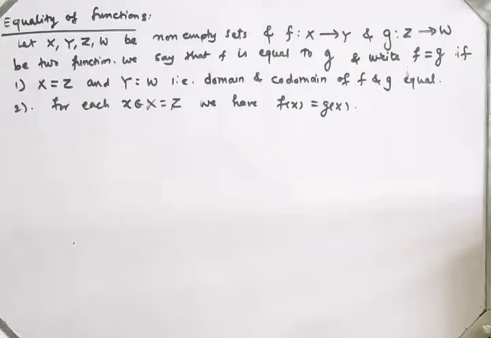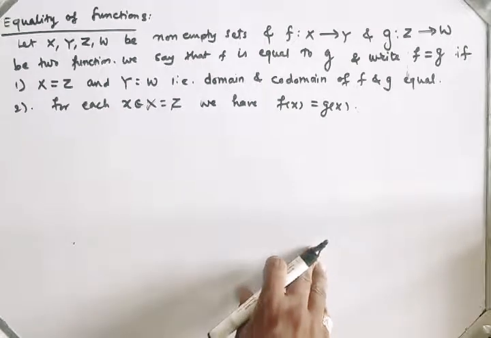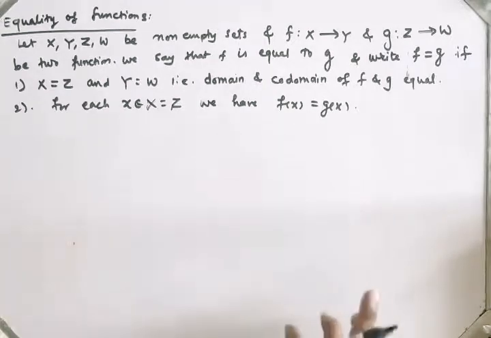Thus, if f and g are functions from X to Y, then f is equal to g if these two conditions are satisfied. Then we say that the given two functions are said to be equal.